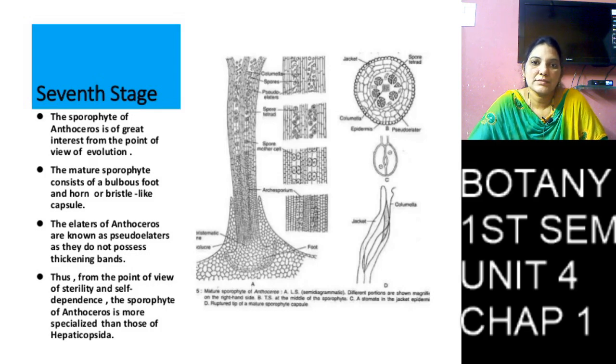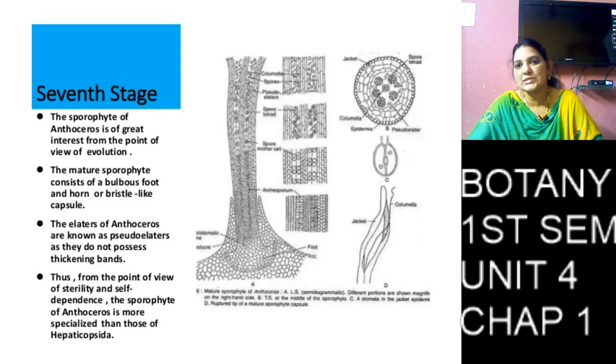The second part is the seta, but seta is absent here, and instead of seta, meristematic tissue is present. The function of the meristematic tissue is that it produces new cells continuously, adding new cells.